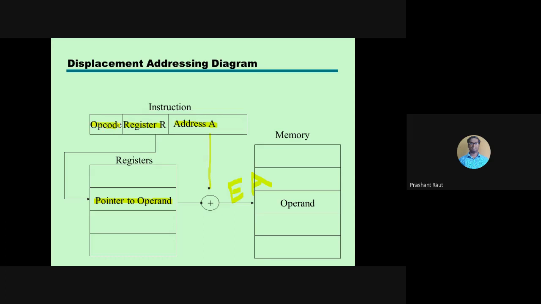Go to register R. At register R you will get the offset, the value that will be added to the base address. Now this offset is added to the base value, and the base value is held by the address A field. So base value plus offset gives you the effective address.